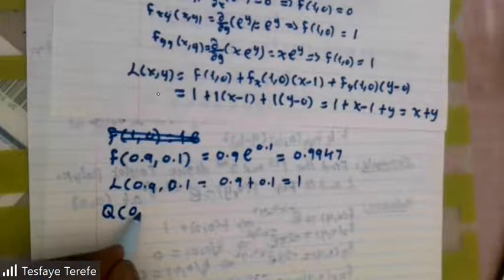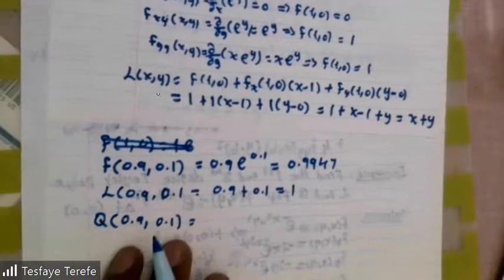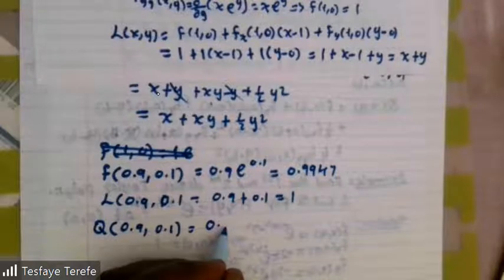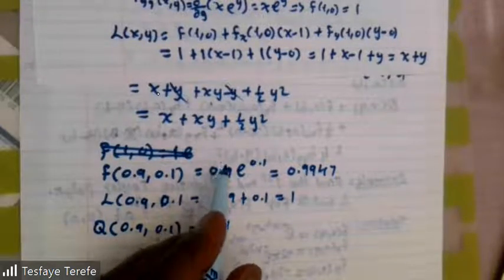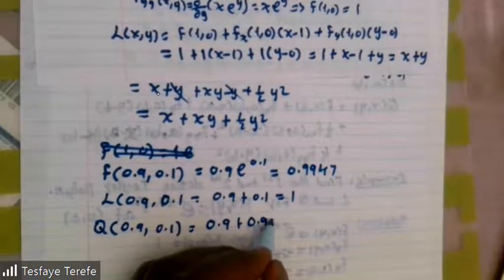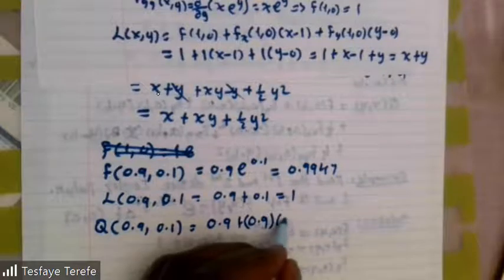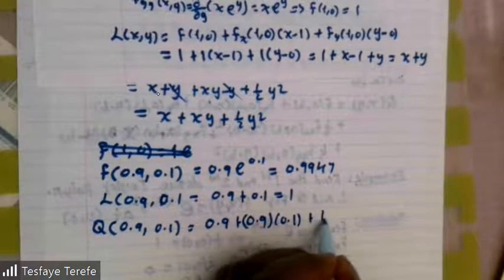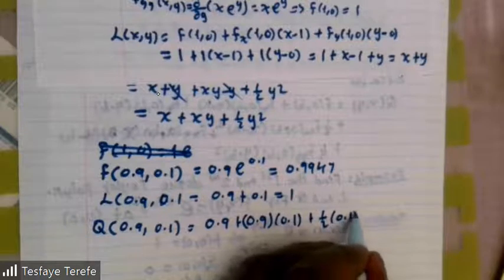And now the quadratic approximation at (0.9, 0.1). Well, the approximation is x, that is 0.9, plus x times y, 0.9 multiplied by 0.1, plus 1/2 of 0.1 squared.